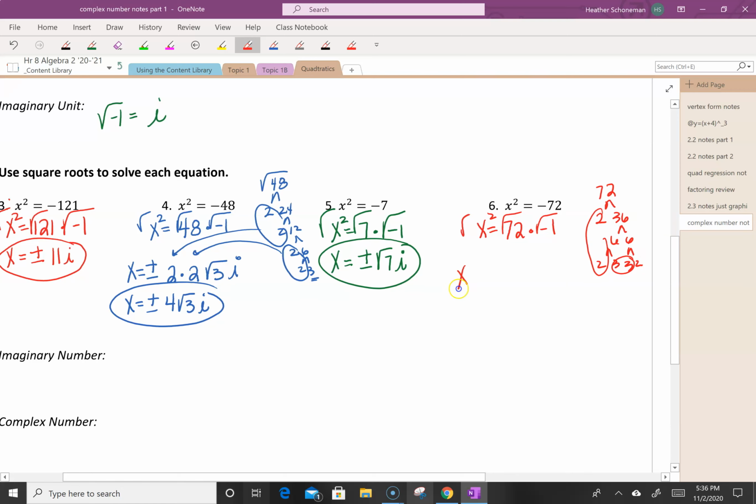Okay, so when I write it, the square root of x squared is x. Plus or minus. Outside I have a 2 because there's a pair of 2's, and I have a 3 because I have a pair of 3's. Inside I have the 2. The square root of negative 1 is i. So when I rewrite this, I get plus or minus 6 square root 2 i.